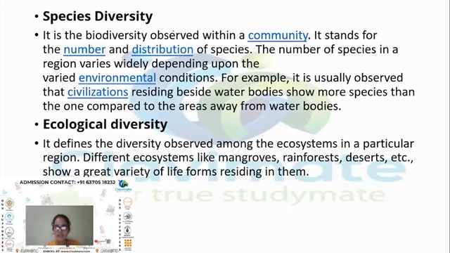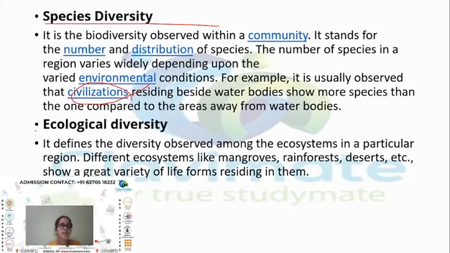But if you have a lake far away from your place, then the population or distribution of species in that particular area will be less, right? So that is what is meant by species diversity, depending upon the environmental conditions or civilization. Okay.